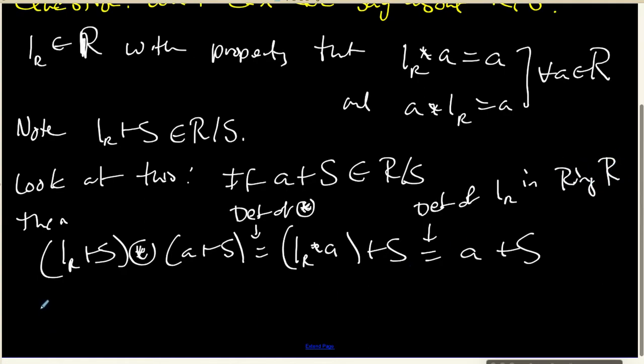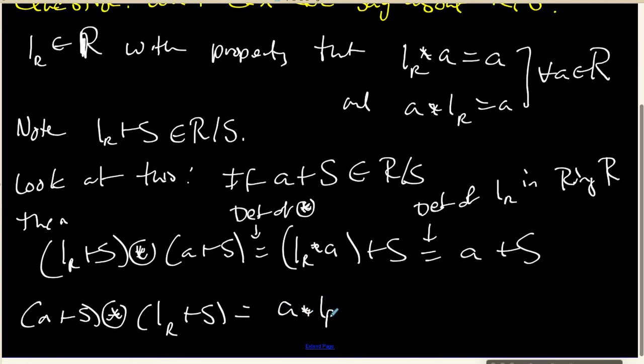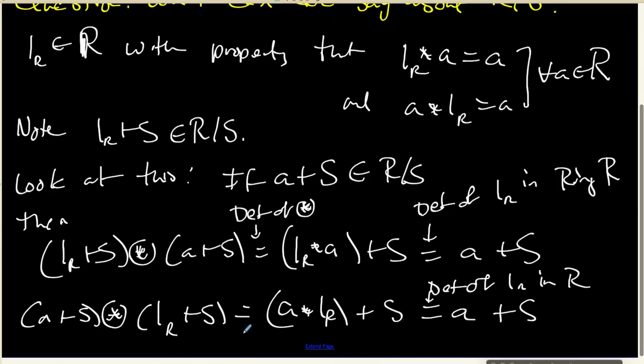And we can compute going the other way as well. If I look at A plus S and I multiply that coset with the coset 1 plus S, that's going to be A times 1 as the representative plus S, and that's also going to be A plus S. And again, this is just the definition of 1 inside the ring R, and this one here is the definition of coset multiplication.